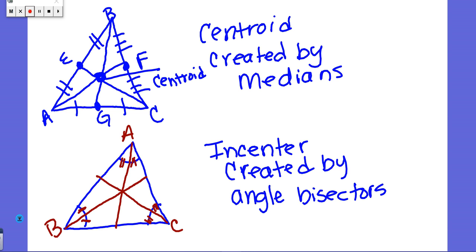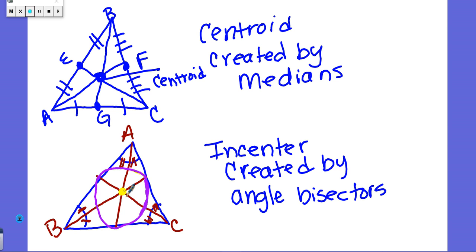All right, now there is also something special about the incenter. This point right here is the incenter, and I am going to draw a circle on the inside of this incenter. A circle, which is another way you can remember this, incenter. It has a circle in the middle of it.